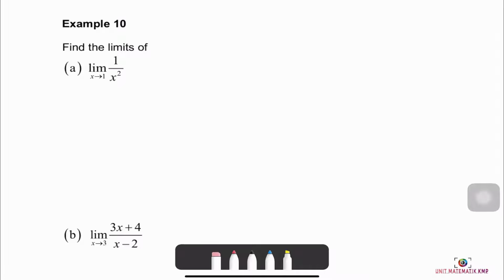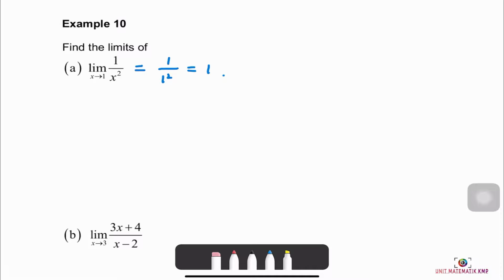Now we look at example 10. Find the limits of question A. We have the limit of 1 over x squared when x approaches 1. How do you solve this one? We just substitute the value x equals 1. So we have 1 over 1 squared, and the final answer is 1.